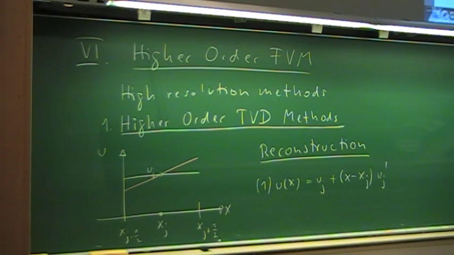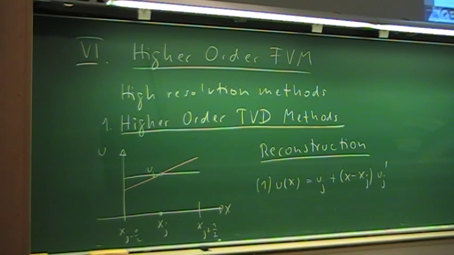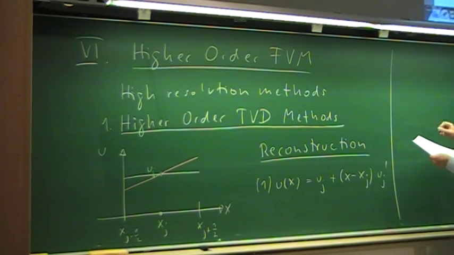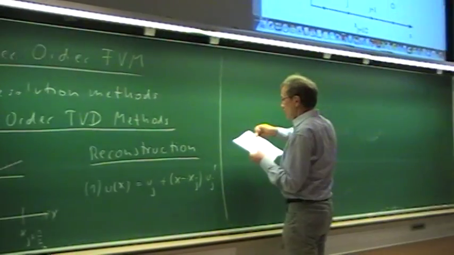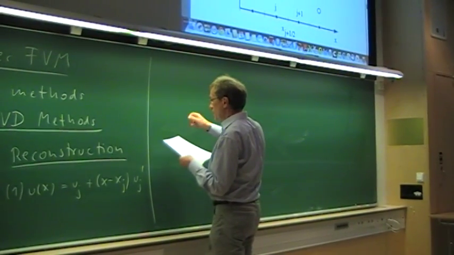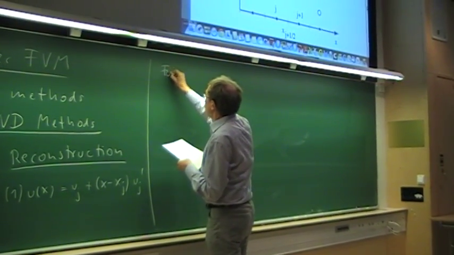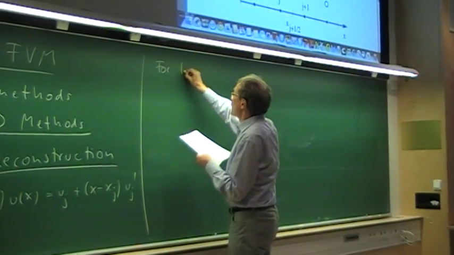Remember, what we are going to do is use this for the Riemann problem, to get proper left and proper right states. So we do first the left state, and we call that the left reconstruction.